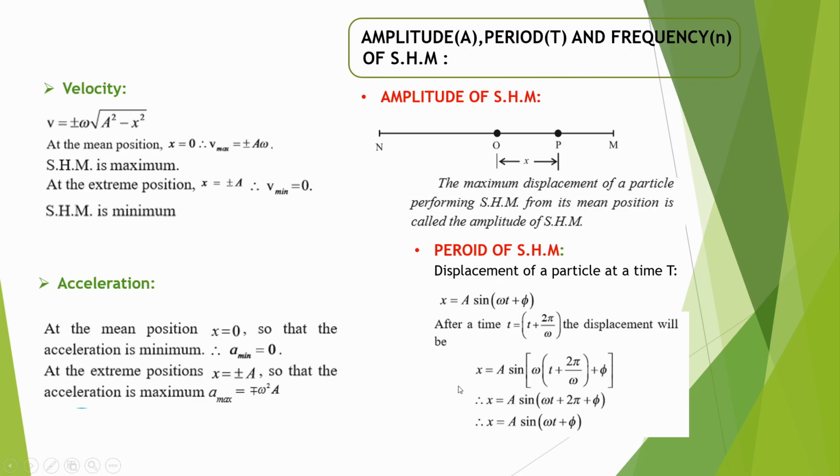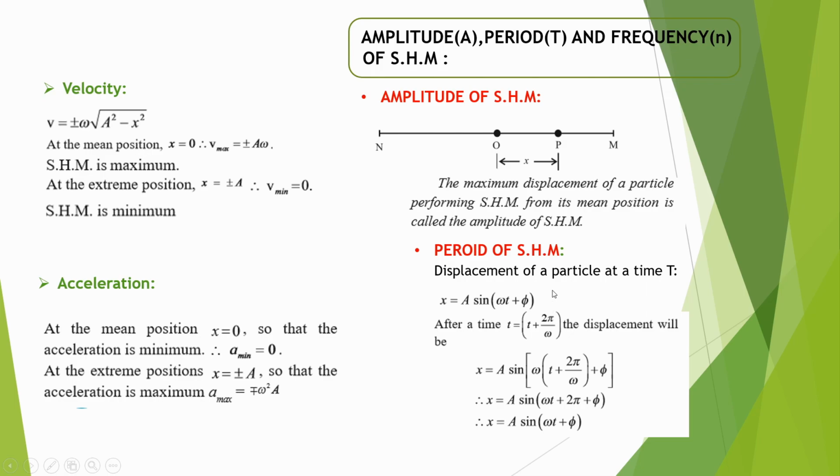Okay, and what is sin 2 pi? That is 0, so we get x equal to a sin(omega t plus phi). Okay, this shows that the particle is at the same position after a time 2 pi by omega. Means after that time the particle has returned to its original position.